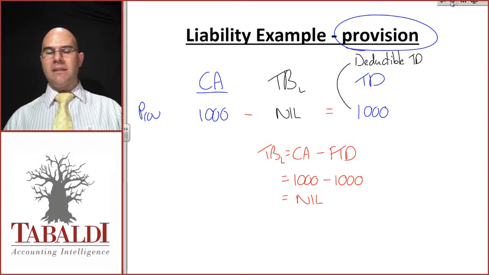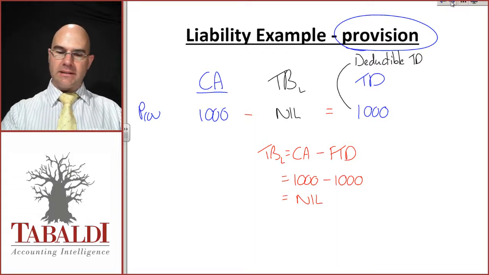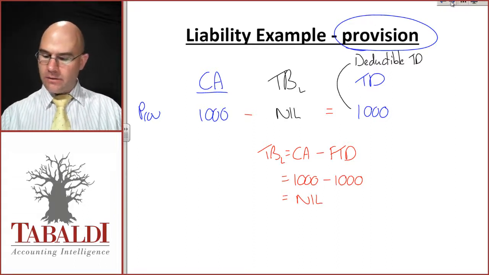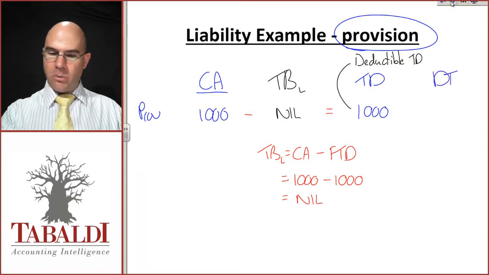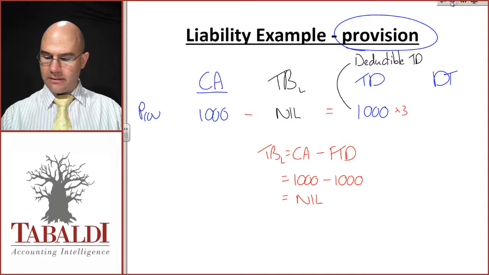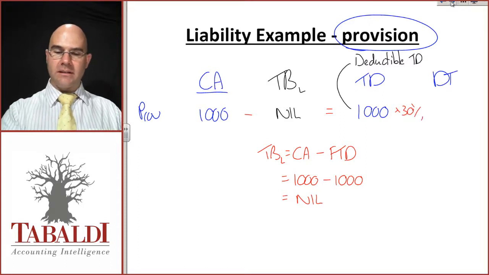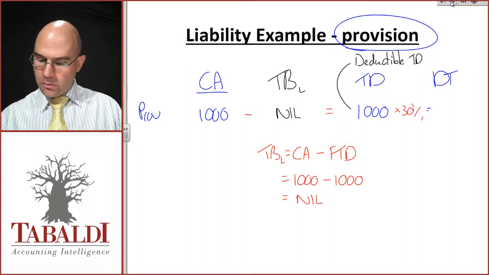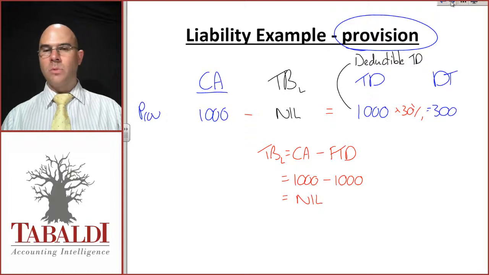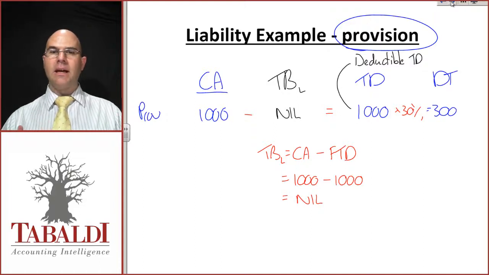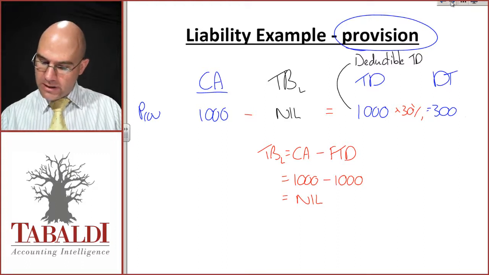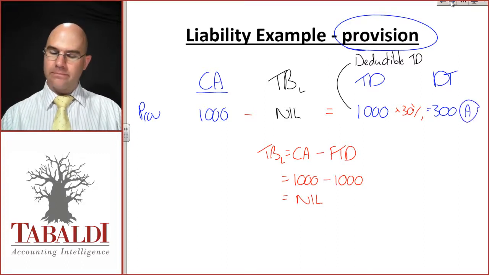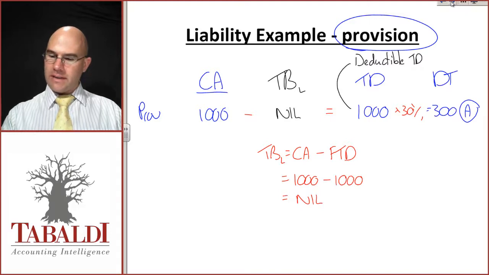Deductible temporary difference means that there will be a future tax deduction, and a future tax deduction is definitely a future benefit. So my deferred tax, let's say we are working on 30% here, my deferred tax will be 300. Will it be an asset or liability? Let's think. A future tax deduction will mean a future benefit, therefore a deferred tax asset. Great. Hope you understand that.